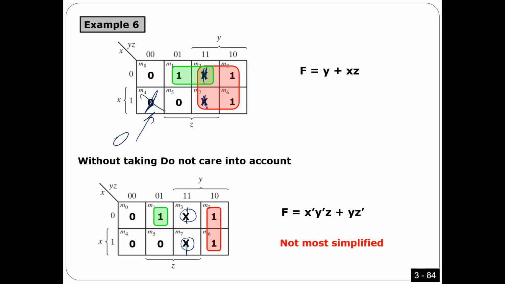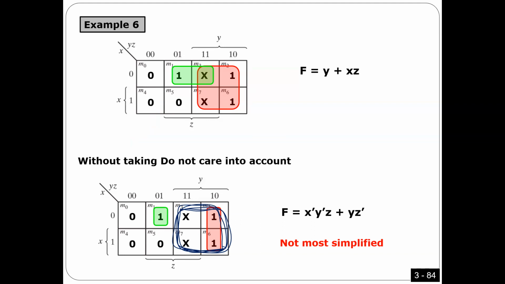However, what I can do here is take this one as one group. If I can take these 4 as one group, and also I can take this one with this one.